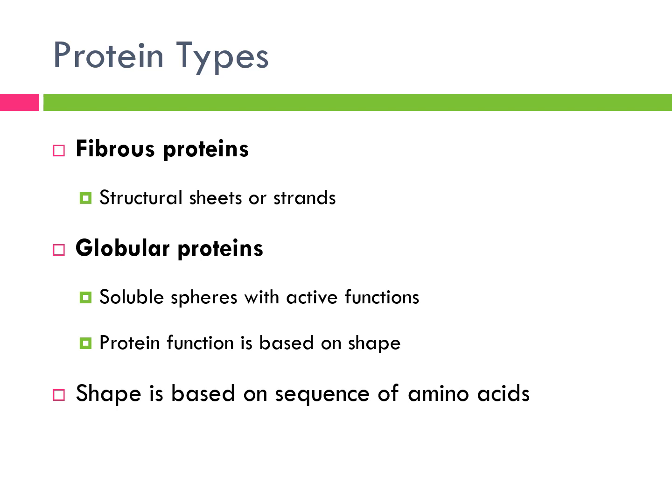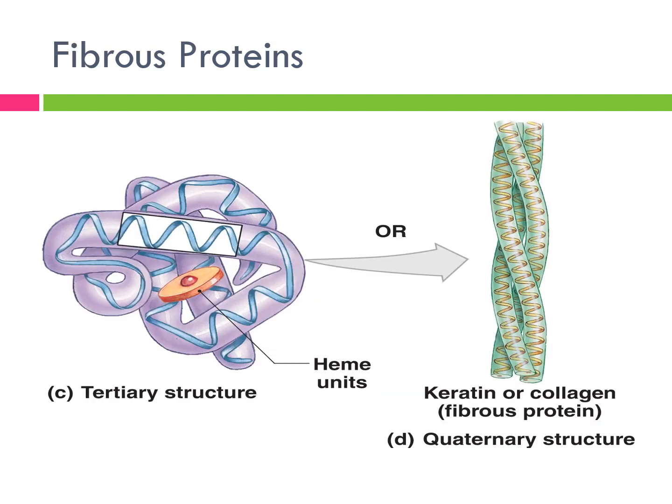So an enzyme might be a globular protein, things like that. Their shape is based on the sequence of amino acids and the hydrogen bonds that make them fold into new shapes. So here's the difference between a globular protein and a strand-like protein.